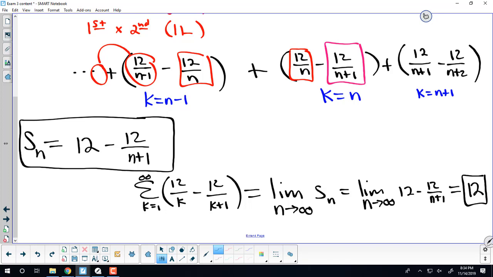Then the 12 over n plus 1 would cancel out, and we would have 12 minus 12 over n plus 1. If we said that's our nth partial sum, it's technically incorrect, but the limit wouldn't be affected, right?